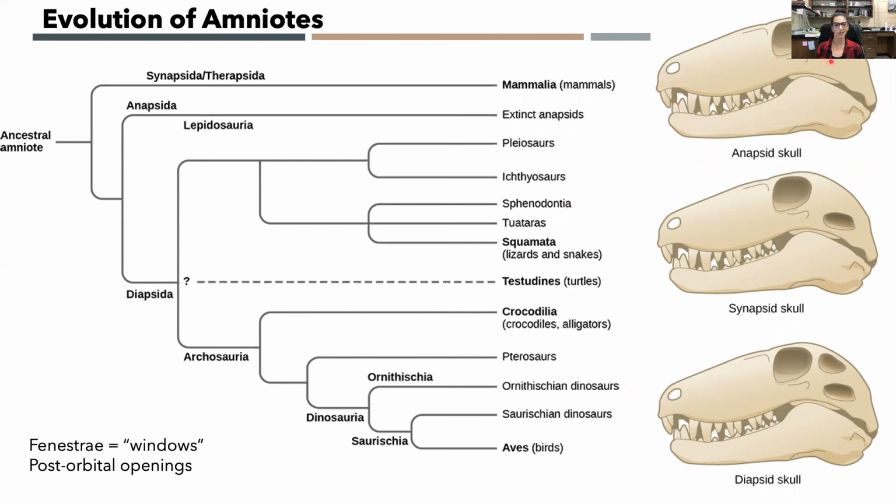So turtles are a little bit of a weird case, but most of the other subdivisions are easily distinguishable. Our synapsid organisms are all of the mammals. But for now, let's talk about the diapsid organisms. These diapsid organisms contain our dinosaurs, our birds, and all other extinct and living reptiles.